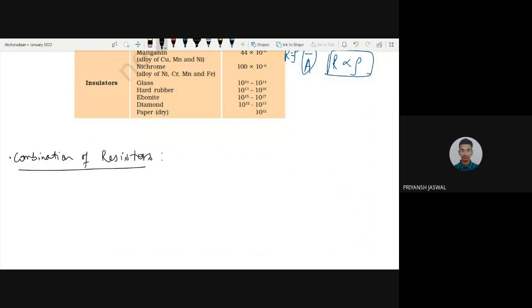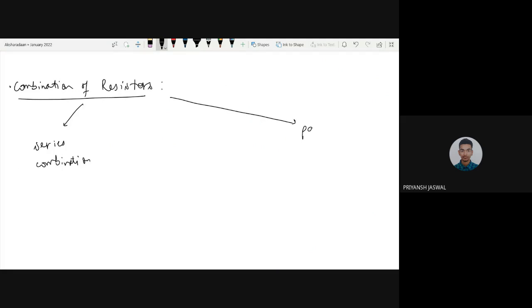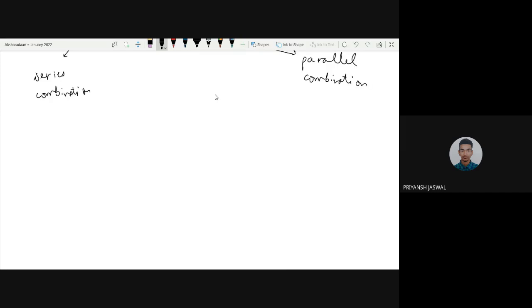We have two fundamental combinations of resistors. One of them is called series combination, and the other is called parallel combination. What is the meaning of series combination is that the terminals of the resistors are joined end to end with the adjacent resistors.